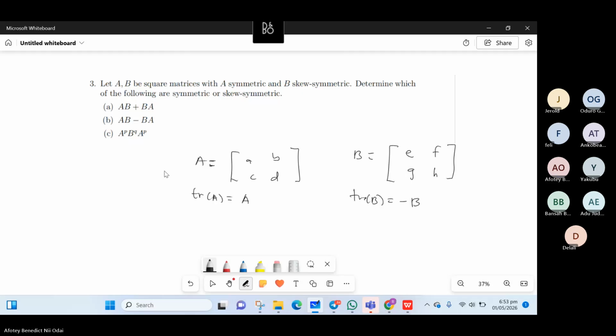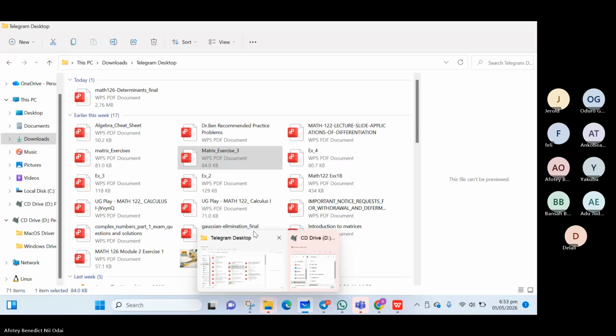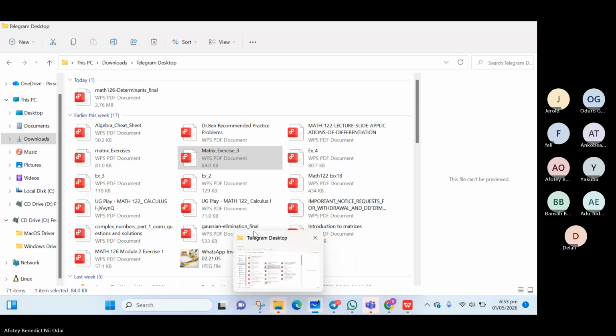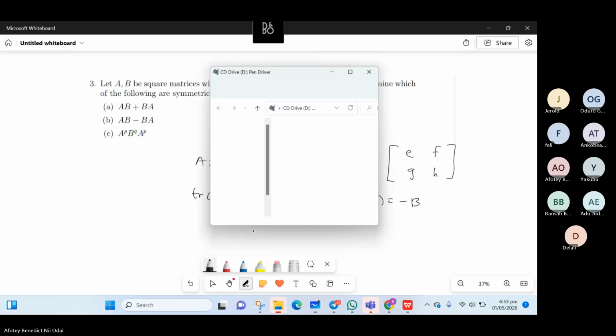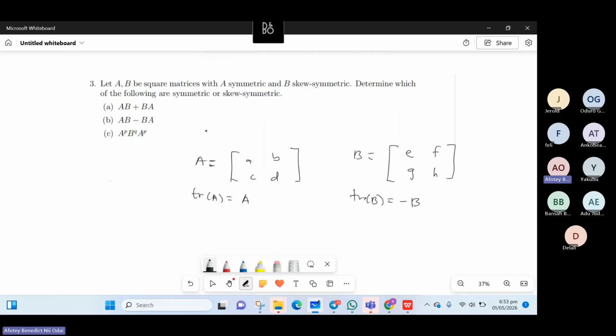The trace is basically the sum of the entries on the major diagonal.